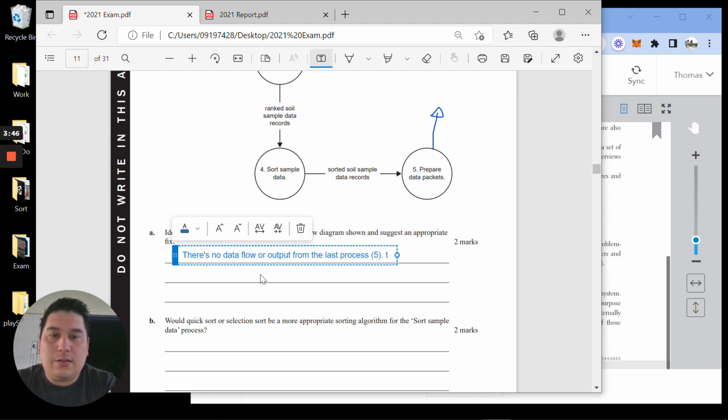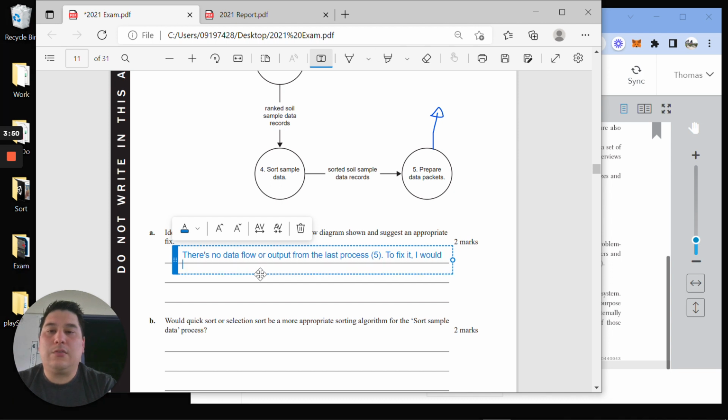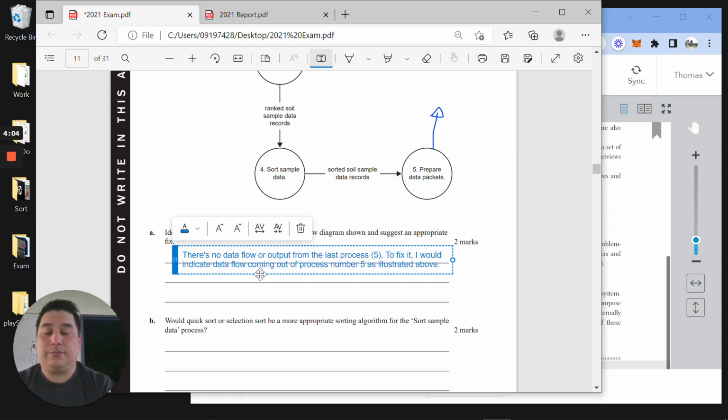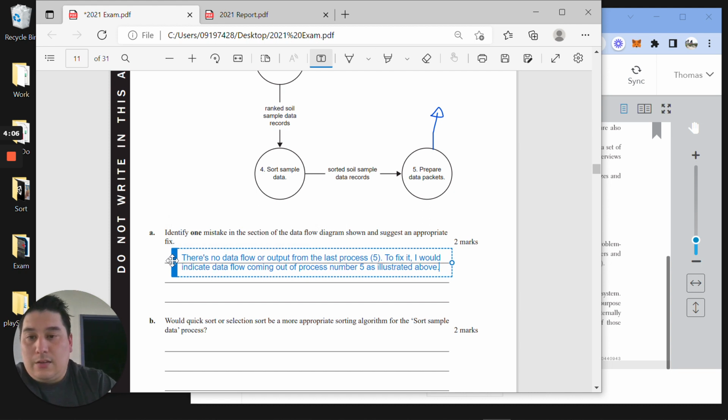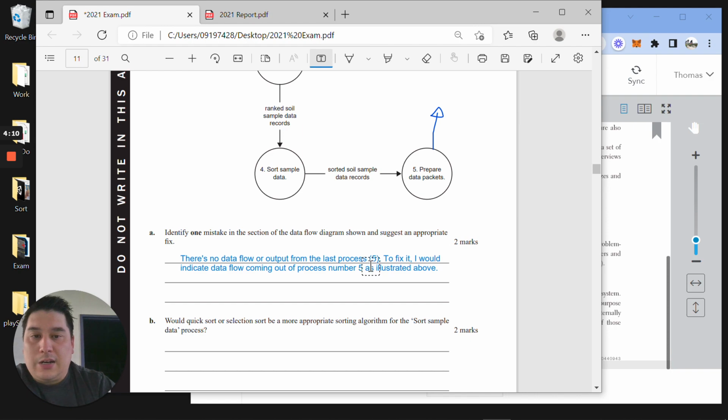And to fix it, I would indicate data flow coming out of process number 5, as illustrated above. There you go. That would be my answer, and that would be 1 mark for each part of each sentence there. So let's have a look.